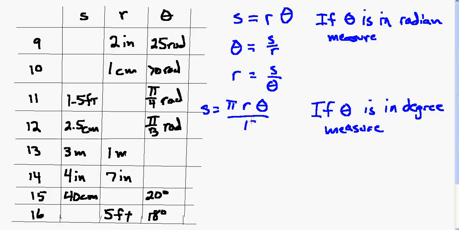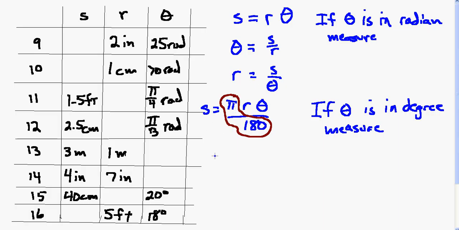I want to call your attention to the fact that what we're doing is taking the original formula, r theta, and multiplying it by the conversion factor of pi over 180. So it's the same formula, except we've built in a conversion factor, taking that degree measure and turning it into radian measure.